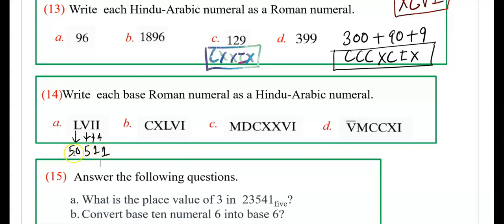In this case, there is no smaller value in front of a larger value. I mean, did you find any smaller value in front of a larger value? No. Therefore, in this case, you add all these numbers to get the value of this Roman numeral. 50 plus 5, 55, 56, 57. That equals 57.